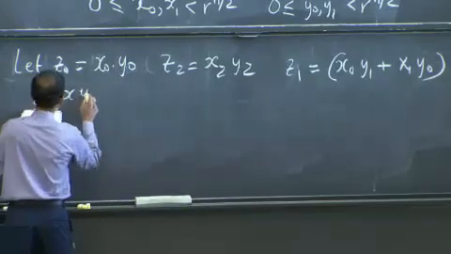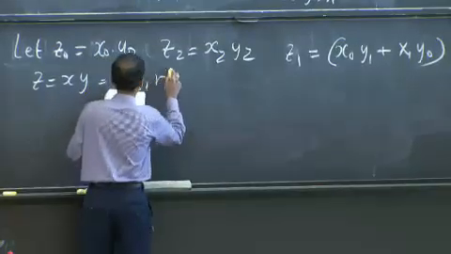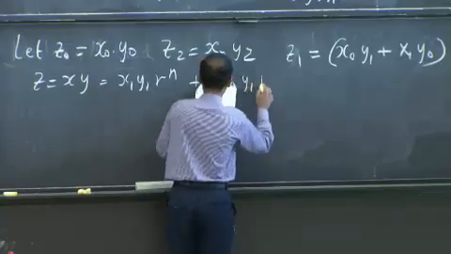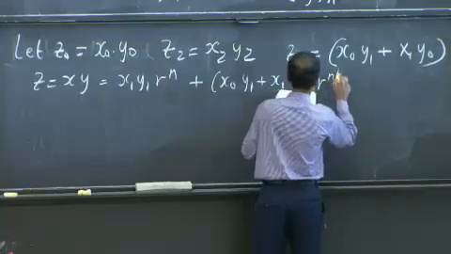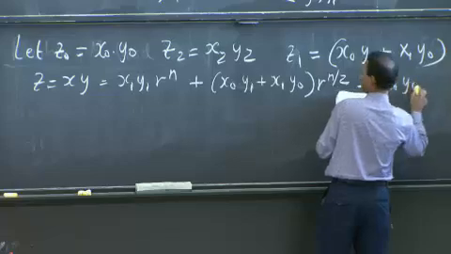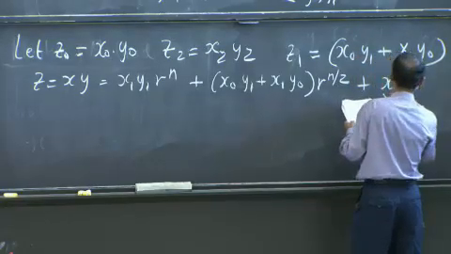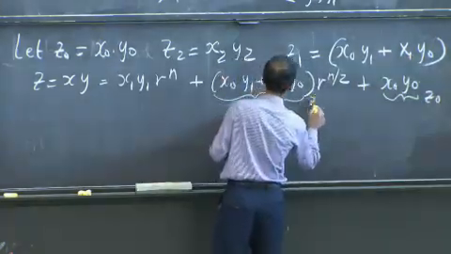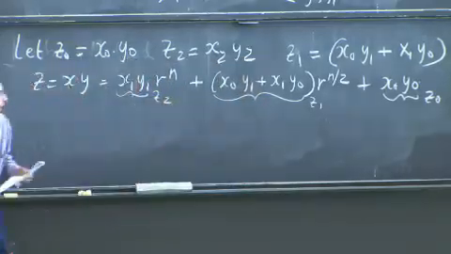And overall z equals xy equals x1 y1 times r raised to n, plus x0 y1 plus x1 y0 times r raised to n over 2, plus x0 y0. This part here was z0, this part was z1, and this part was z2.